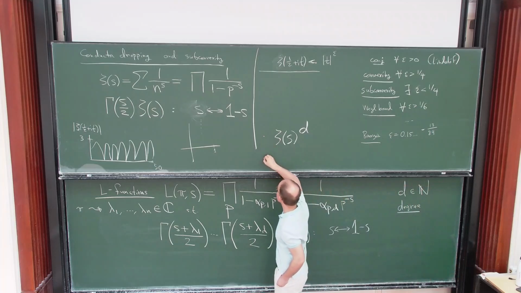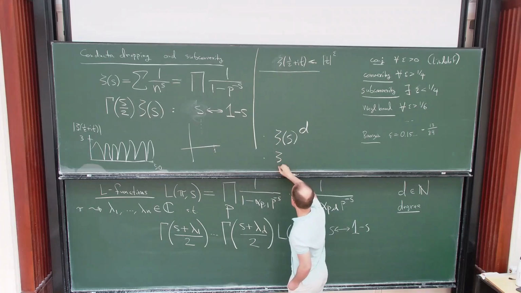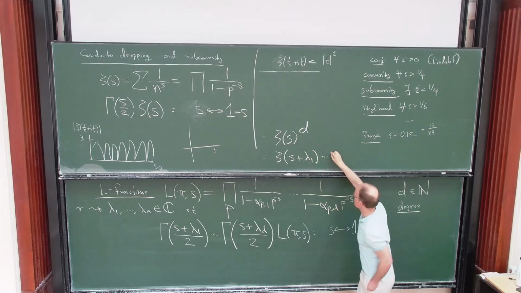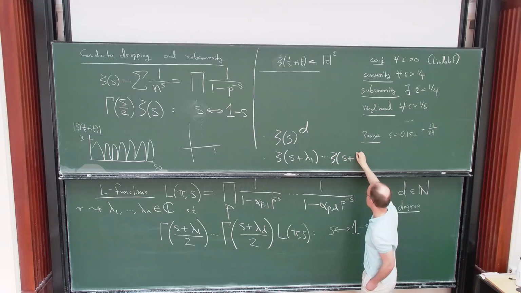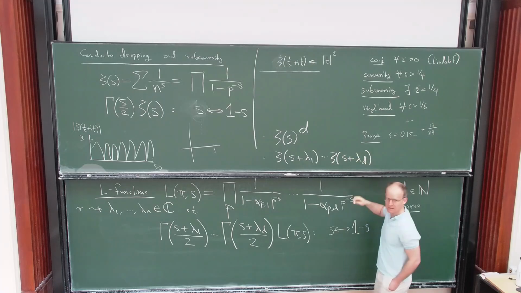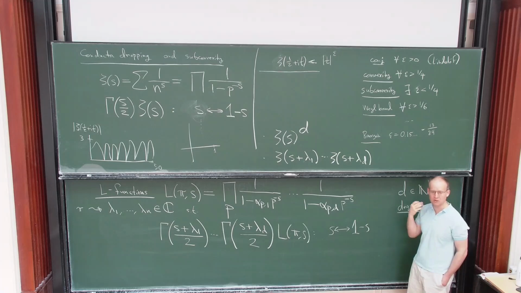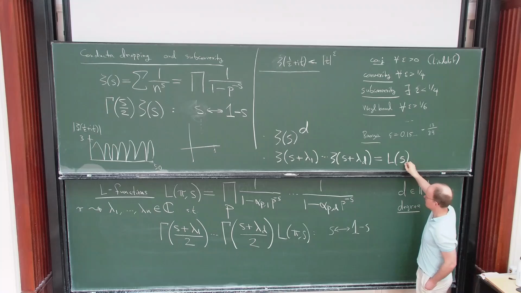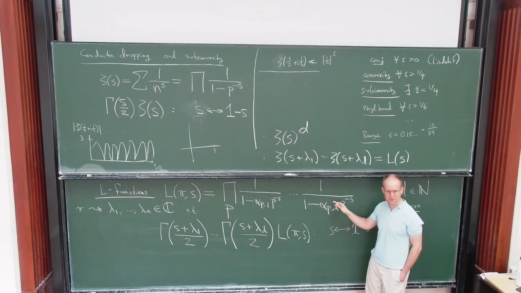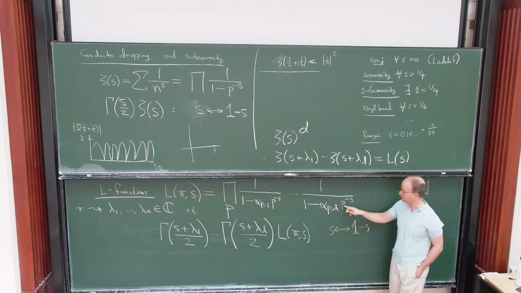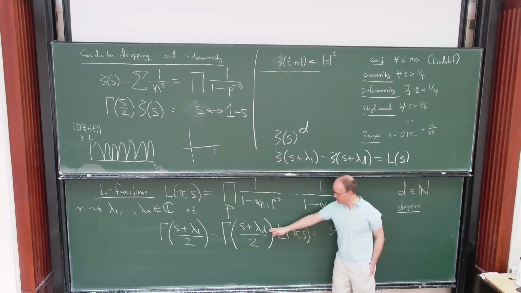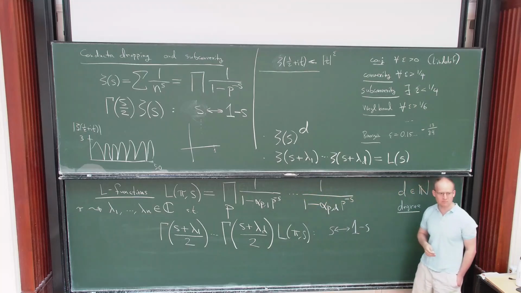Another example would be you could take zeta of s plus lambda 1 through zeta of s plus lambda d for any complex numbers lambda 1 through lambda d. So if you call this L of s, this will again have a similar shape here where the alphas are something you can read off from the lambdas and p, and the lambdas will just be the lambdas that show up here.